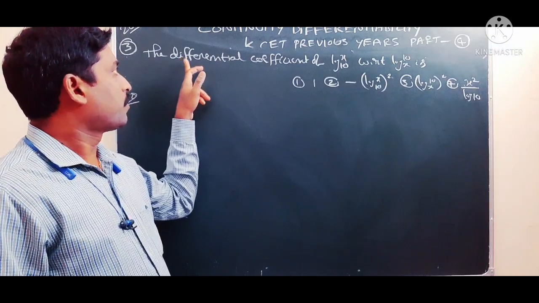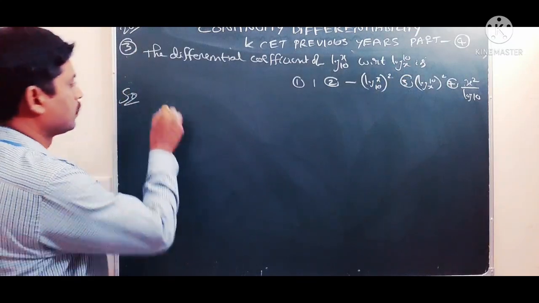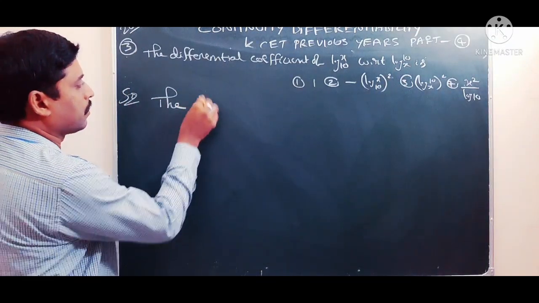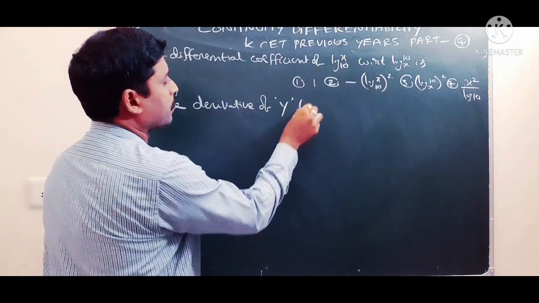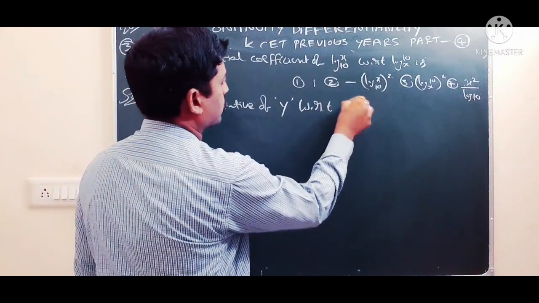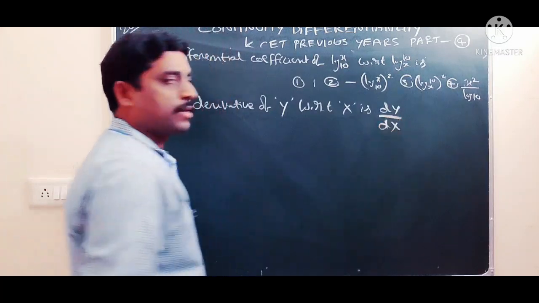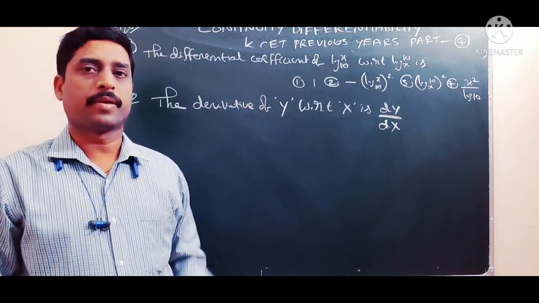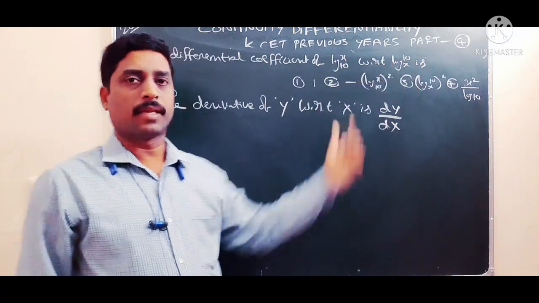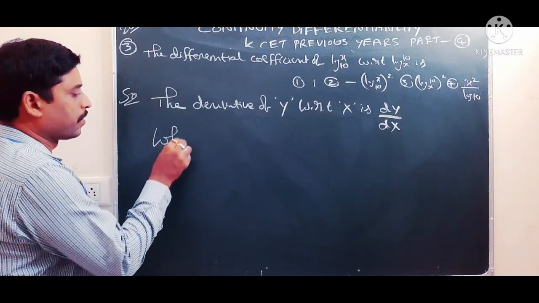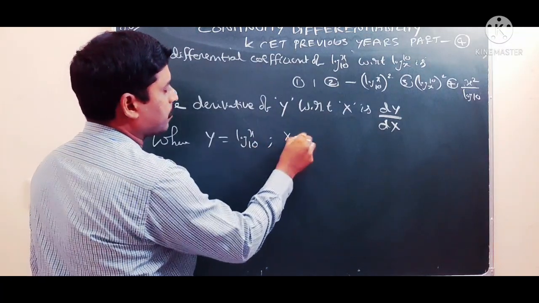We have one formula: the differential coefficient of y with respect to x is nothing but the derivative of y with respect to x, dy by dx. Here y is log x base 10 and x is log 10 base x, where y is equal to log x base 10 and x is equal to log 10 base x.